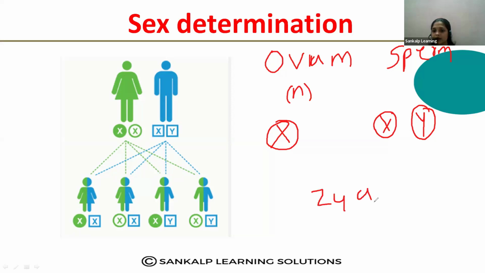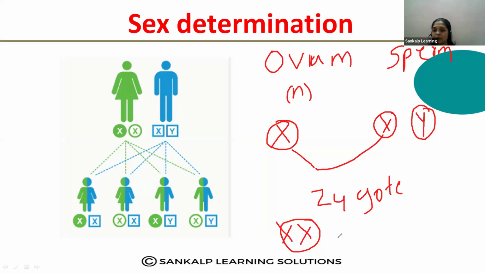See here. This is the ovum, and this ovum fuses with the sperm that contains the X chromosome, so that zygote contains the XX chromosome. If the zygote contains the XX chromosome, then will the baby develop into male or female?